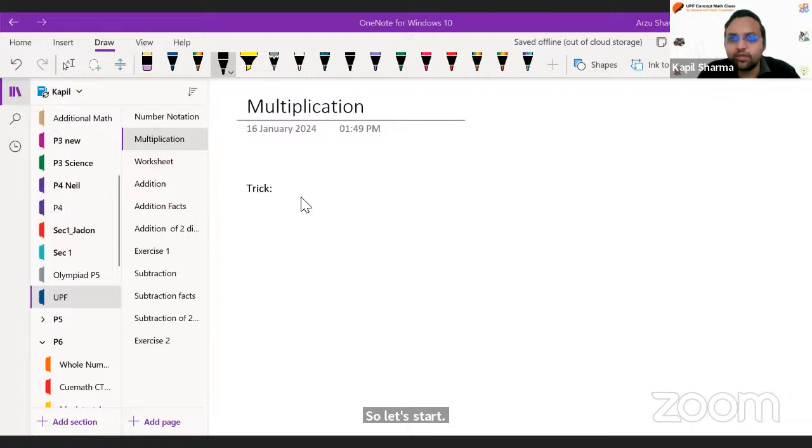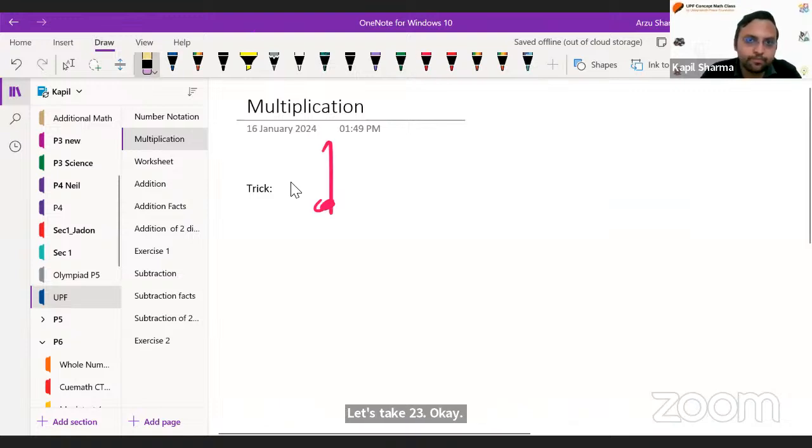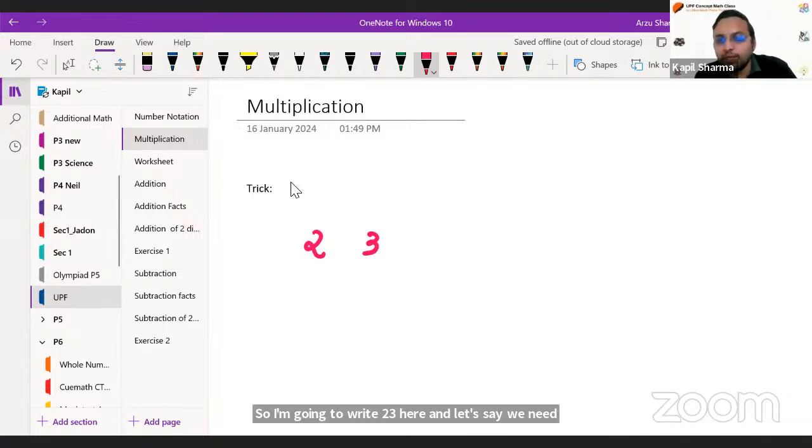So let's take a simple 2-digit number. Let's take 23. So I'm going to write 23 here, and let's say we need to write the multiplication table of 23. So what are we going to do?